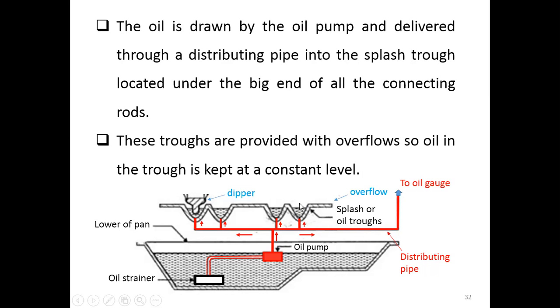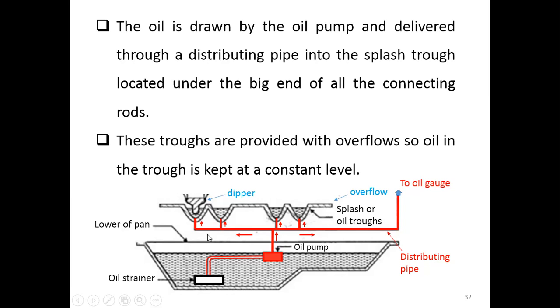This is called the splash or the oil trough here. A small area here. So the oil will be pumped by the pump and sent into the trough here. And this trough is located under the big end of the connecting rod. Above here is the connecting rod, and the connecting rod has two ends. One is the big end, and on the top is the small end.